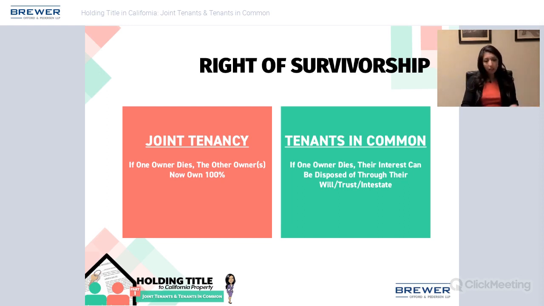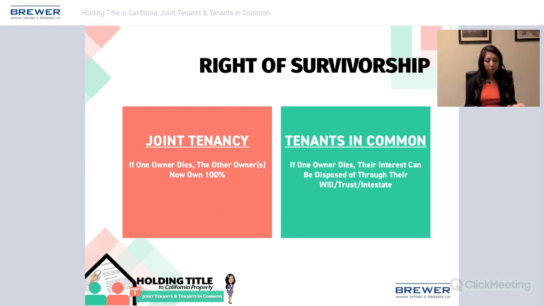I'm trying to think, there was another matter in which people would choose. What I've seen with tenants in common is that the survivor usually purchases the decedent's interest from the estate. So Jane dies.